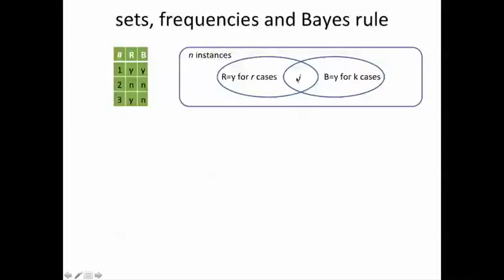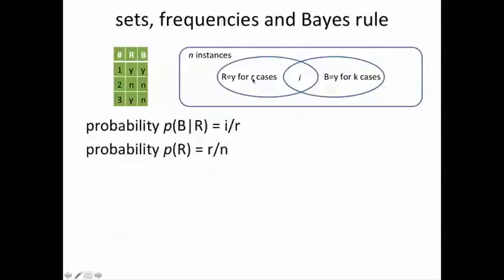Out of these, I have a b, and the rest don't. The total number of cases which are b situations are obviously k as before. So let's see what the simple conditional probabilities are in this case. The probability of a b given that there is an r is just i over r.